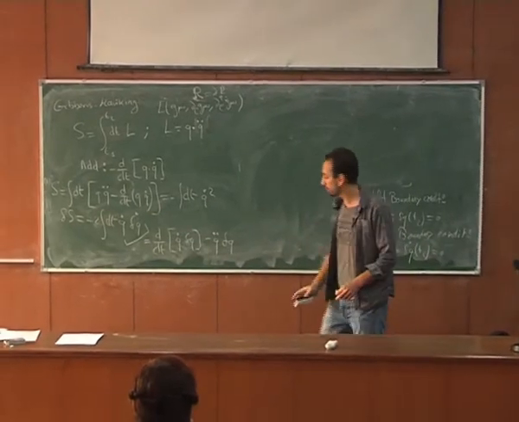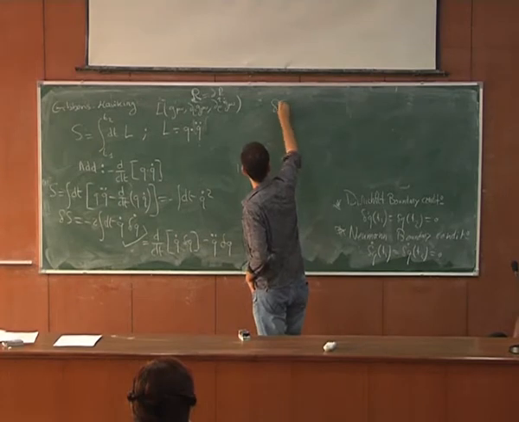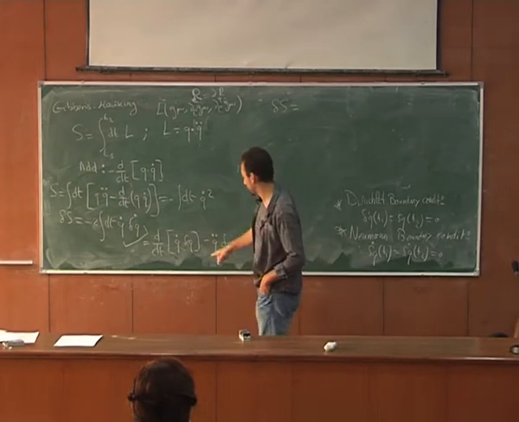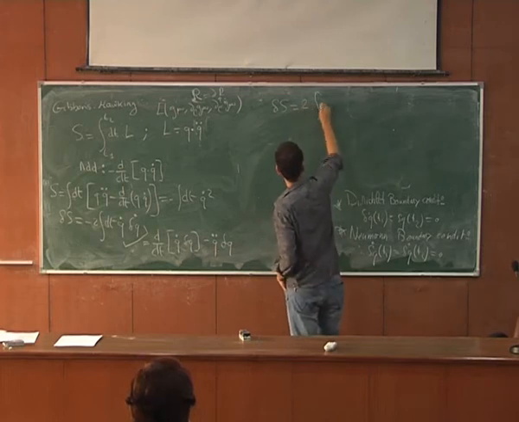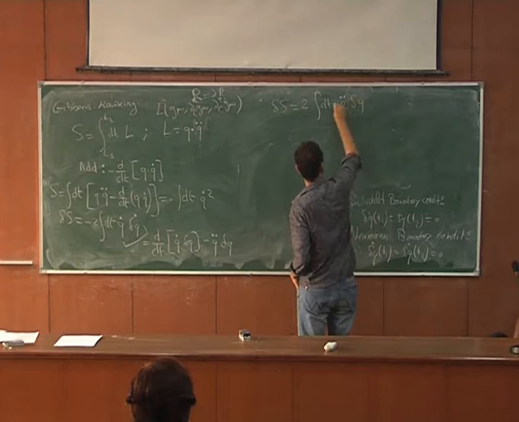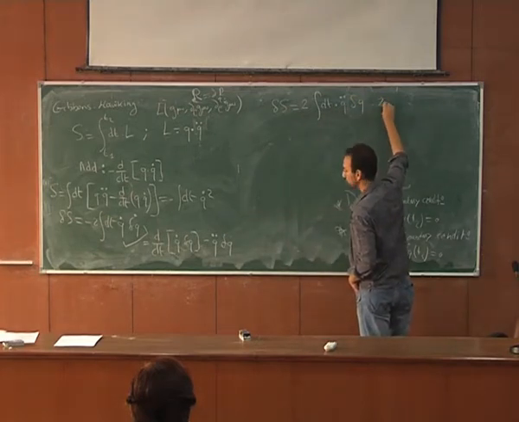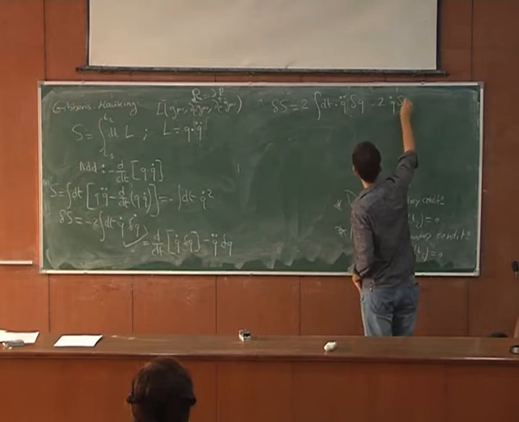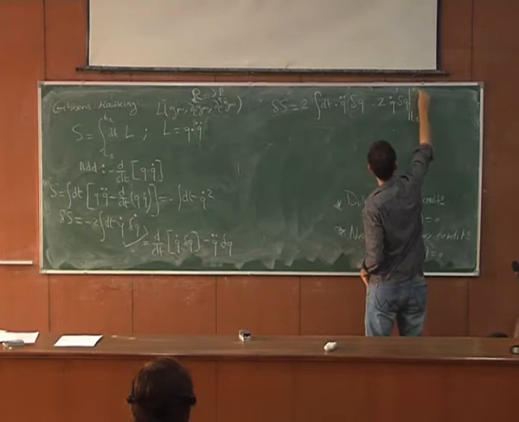So concluding on that, now I have a variation of the action which is minus 2 times the integral dt q double dot delta q, and then I have this boundary term, minus 2 q dot delta q, that I have to take between t1 and t2.